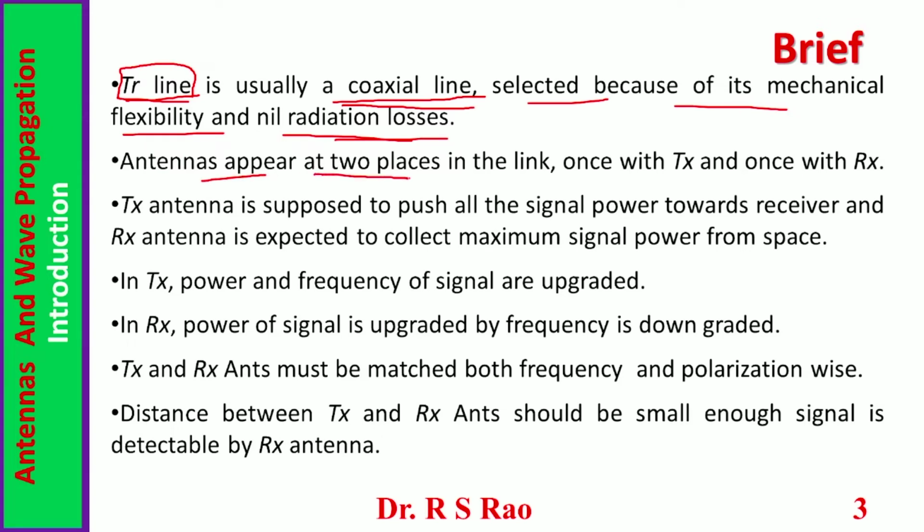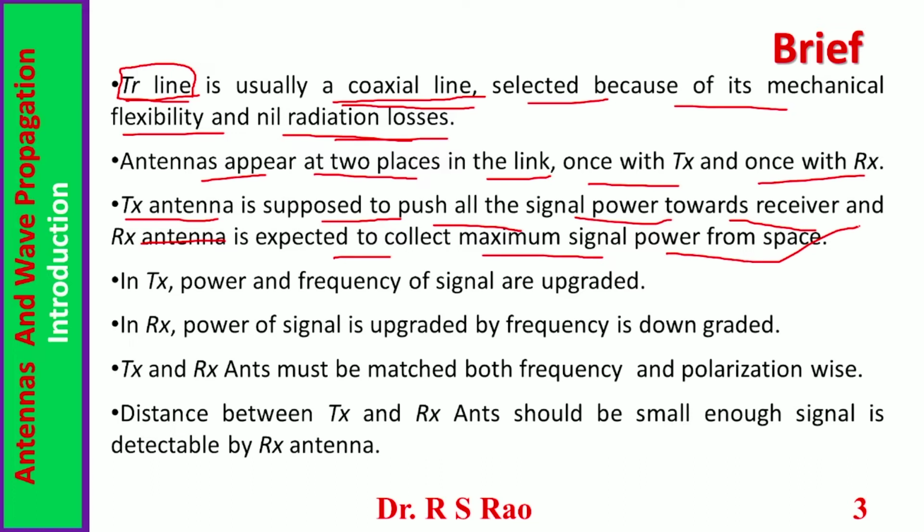Antennas appear at two places in the link we have already seen, once with the transmitter and once with the receiver. The transmitting antenna is supposed to push all the signal power towards the receiver, and the receiving antenna is expected to collect maximum signal power from space.